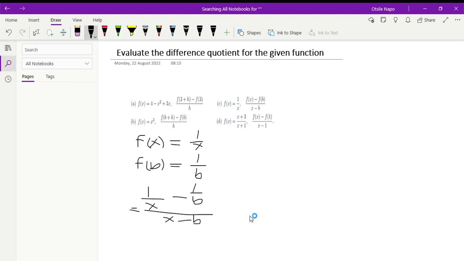So we're going to find a common factor between 1 over x and 1 over b.